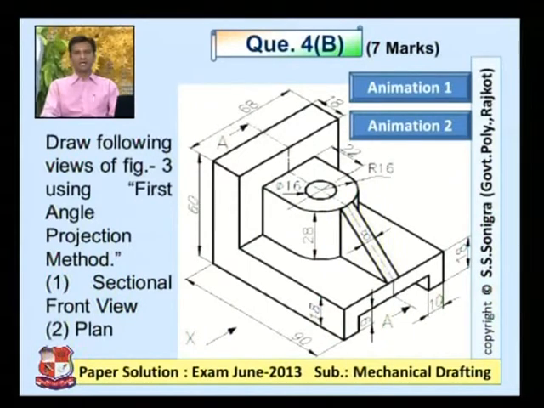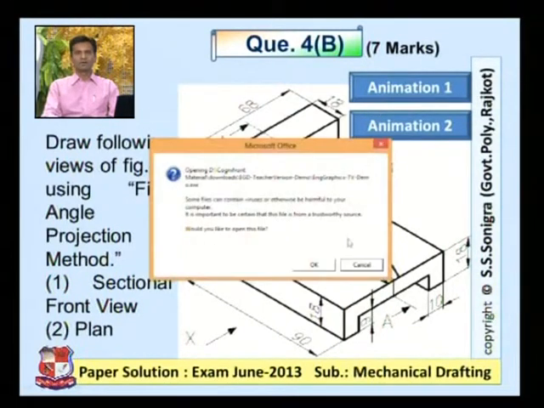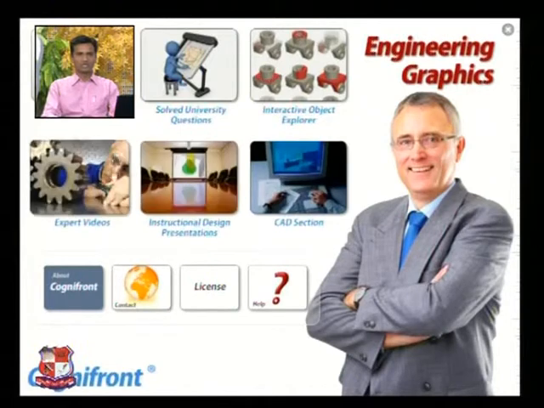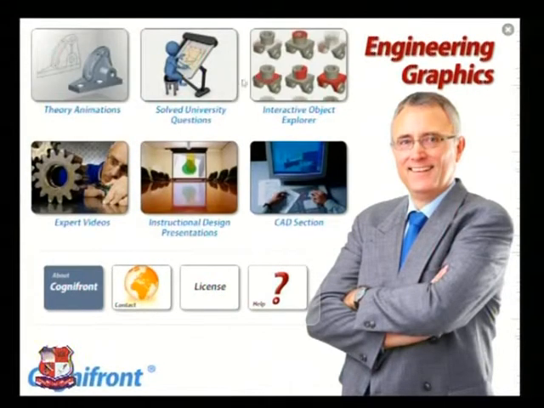So question 4a and 4b both cover the same figure but the views are different. To draw all these 4 views, we have to do proper planning for each view and then start drawing. Before that, let me show one animation of how to draw the orthographic projections of such problems in the examination.